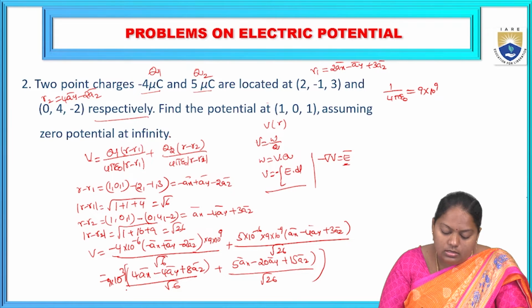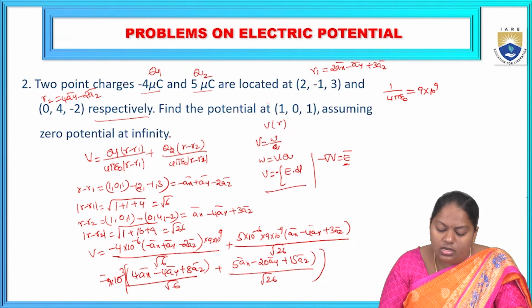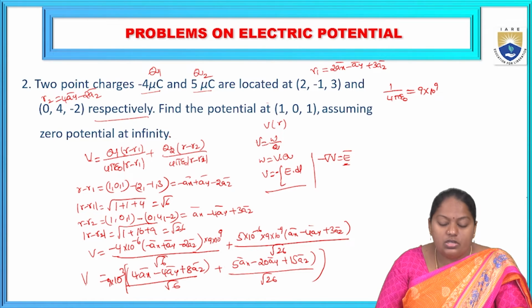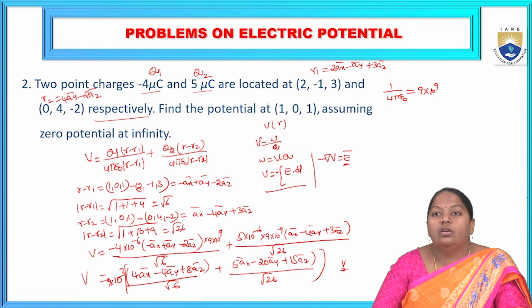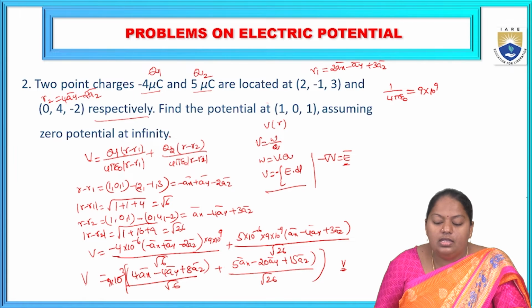Upon simplifying, the AX coefficients are added with root 6 and root 26, and we obtain the electric potential, generally measured in volts. So this is the way we can find the electric potential if two point charges Q1 and Q2 along with two position vectors are given.